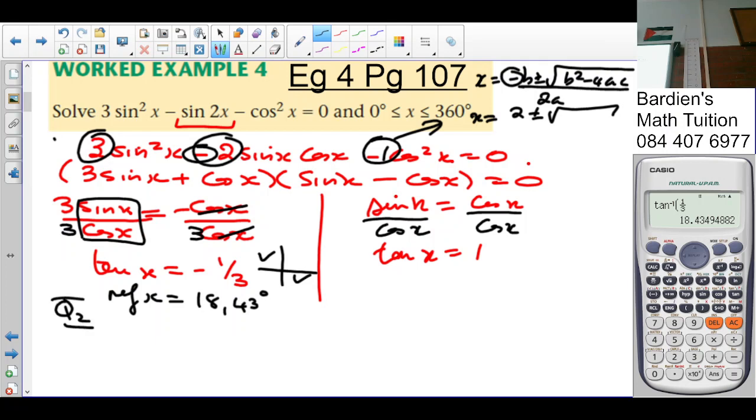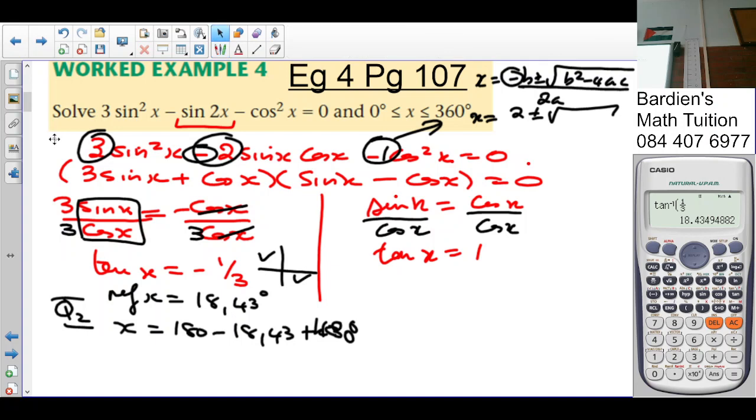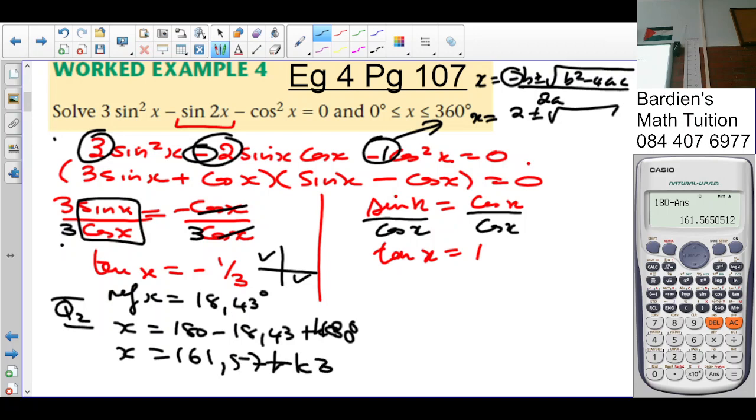It's going to be 180 minus 18.43 plus k times 180. 180 minus 18.43 is 161.57, plus k times 180. You could have gone into quadrant 4 as well, which is 360 minus 18.43 plus k times 180. But remember, tan is a repeated solution, so one branch suffices.